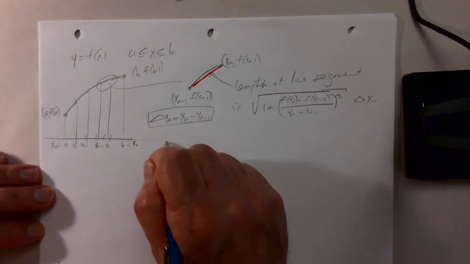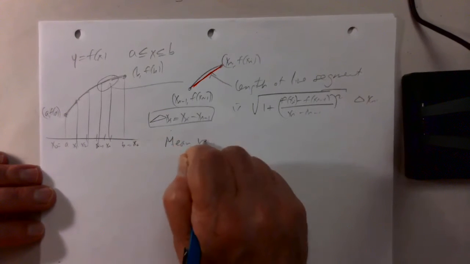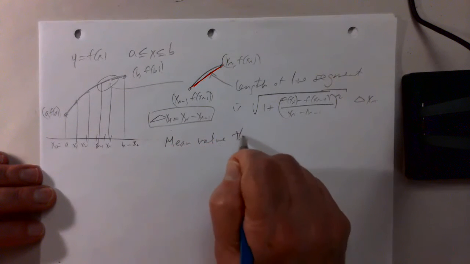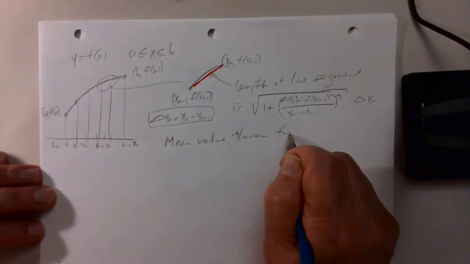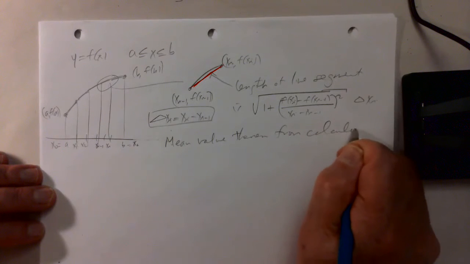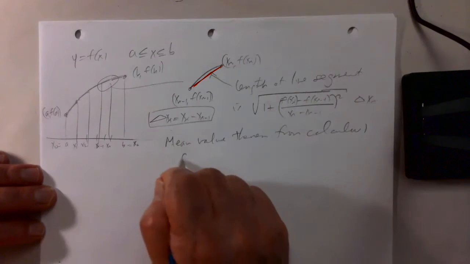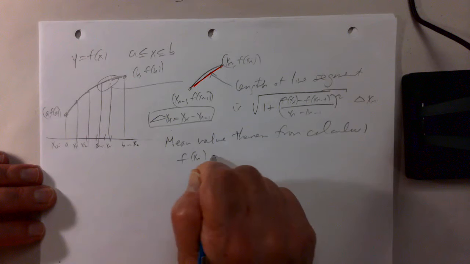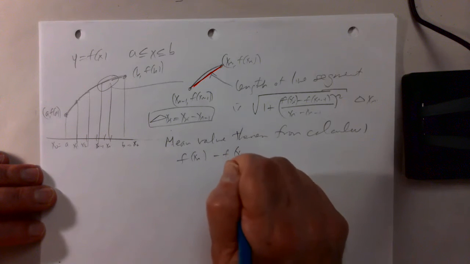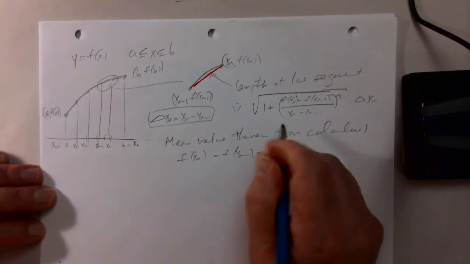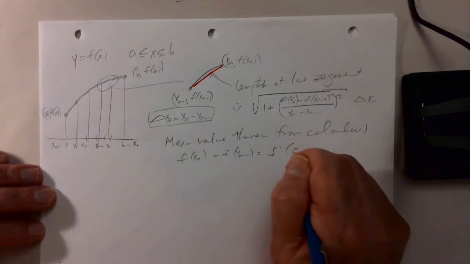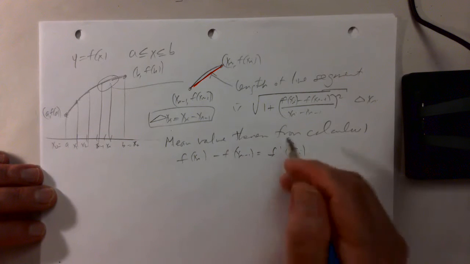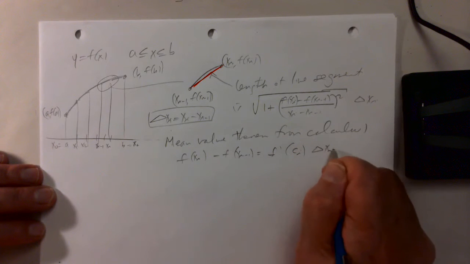And if you remember the mean value theorem from calculus 1, you have a differentiable function, f of xi minus f of xi minus 1 is going to be the derivative at some point c sub i between these 2 points times delta xi.